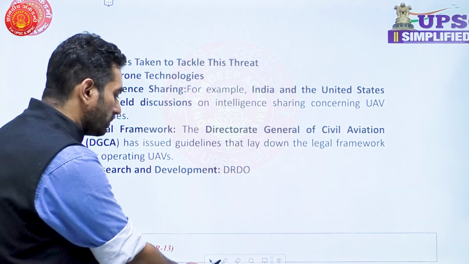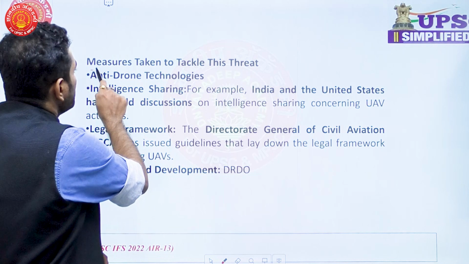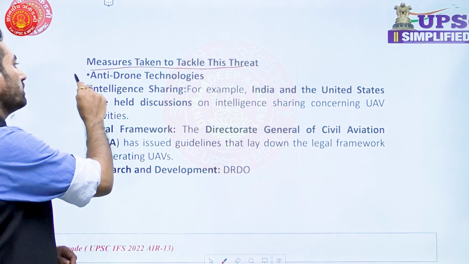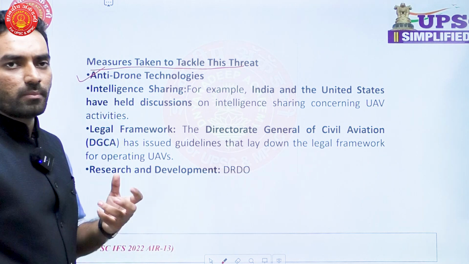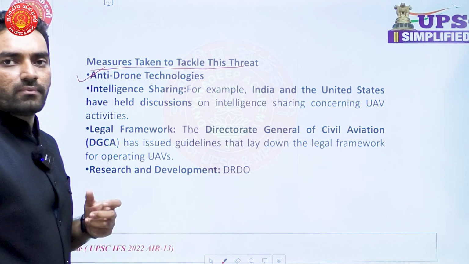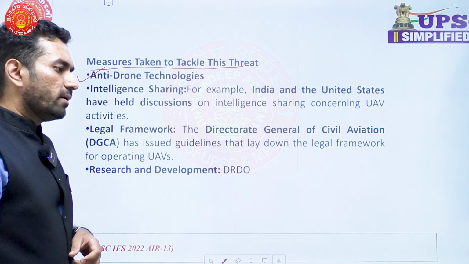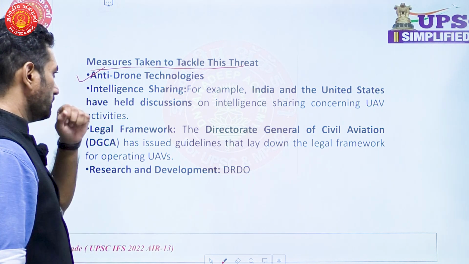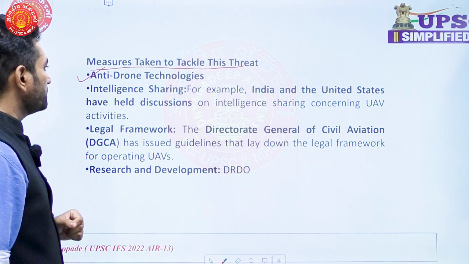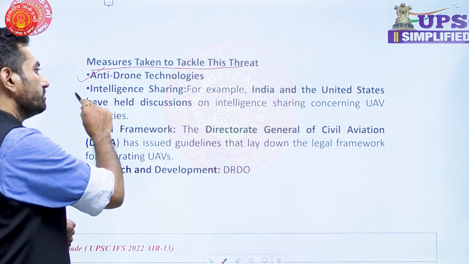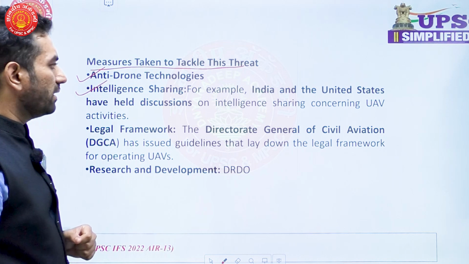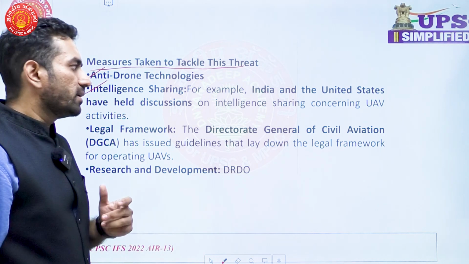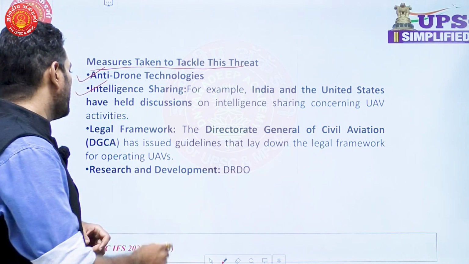The measures taken to tackle this threat are the second part of the question. What are the measures? Anti-drone technologies are developed and procured by the Indian government, also from various foreign governments, and DRDO is also actively working on such technologies. Secondly, intelligence sharing. For example, India and the United States have held various discussions related to intelligence sharing on UAV activities.